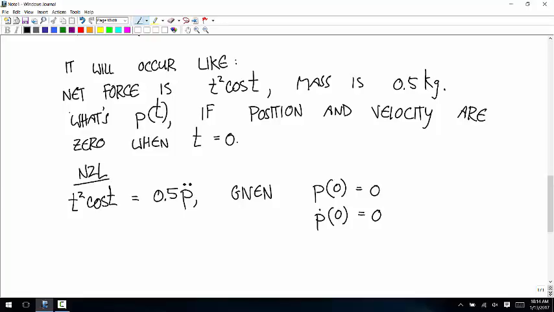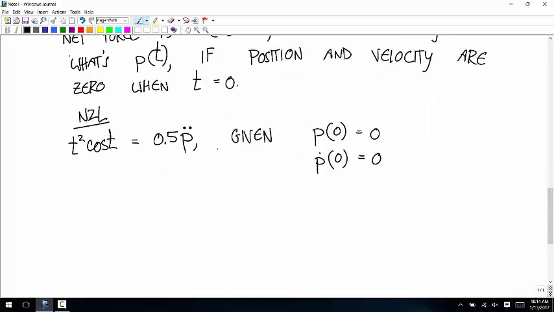Okay, so the way differential equations come up most often in this class is that velocity's the time derivative of position and acceleration's the time derivative of velocity. Okay, so this is second order. Let's see how this works with a second order differential equation.